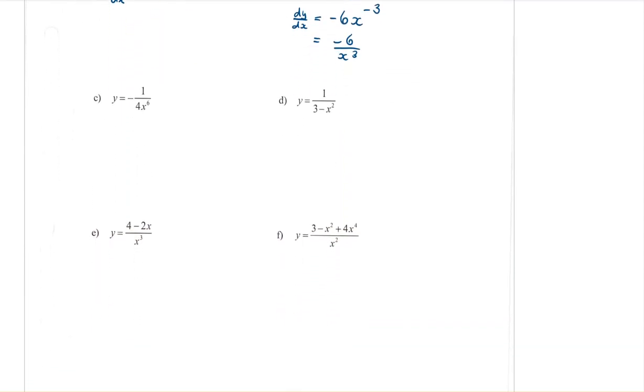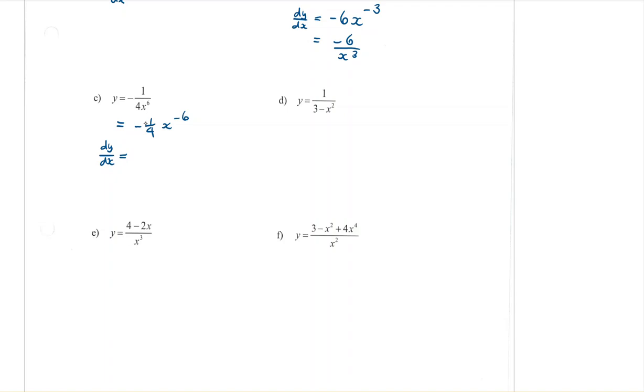Part C. Again, I have fractions in here with x's on the denominator. So before I can differentiate, I have to bring that x out to have a negative power. It'll be negative 1/4 for the number in front and x to the negative 6. Now I can differentiate, so dy over dx, or you could be using y dash notation if you prefer.